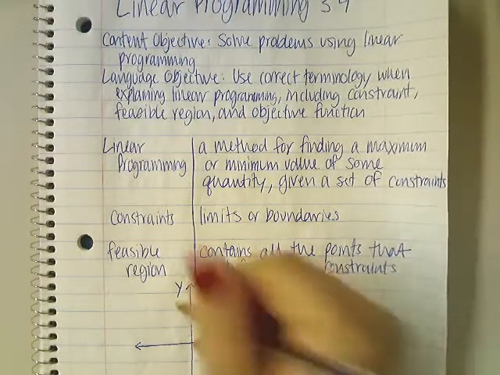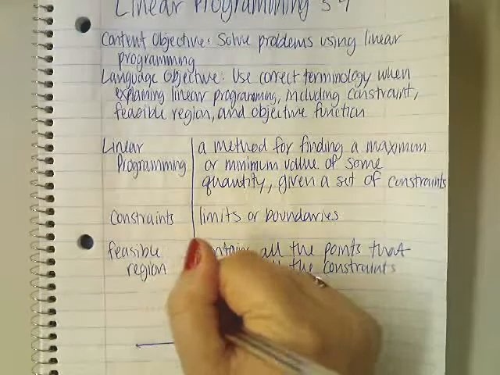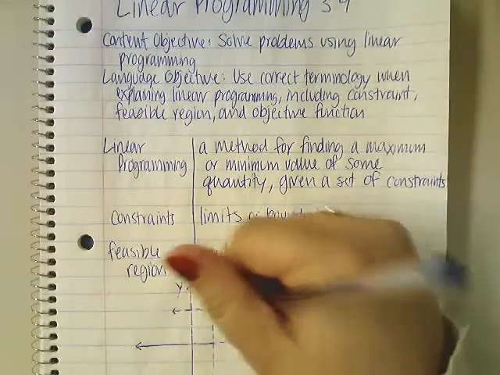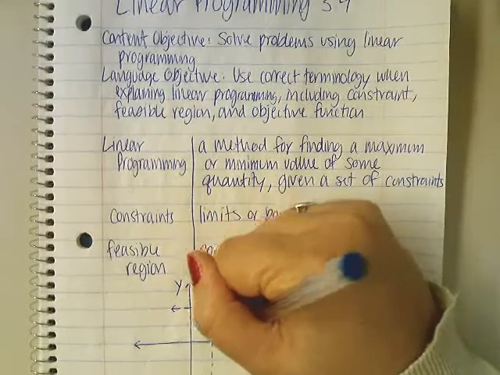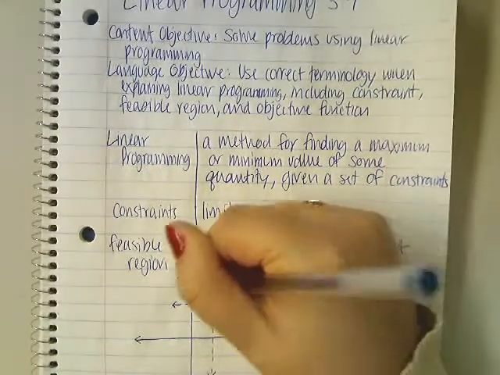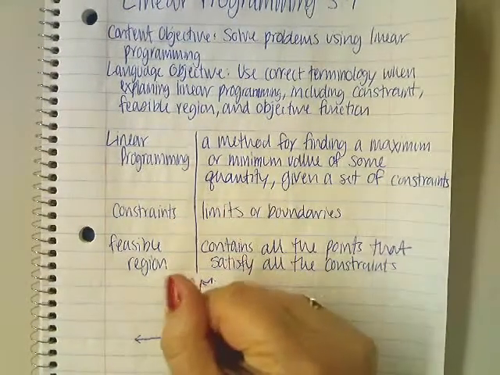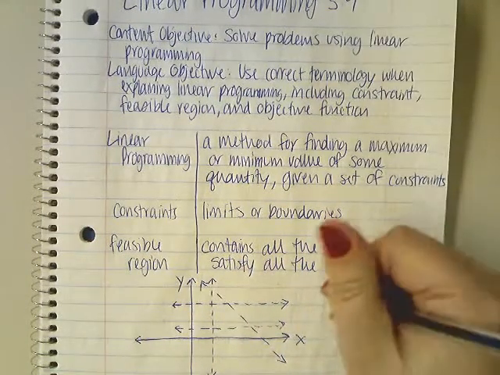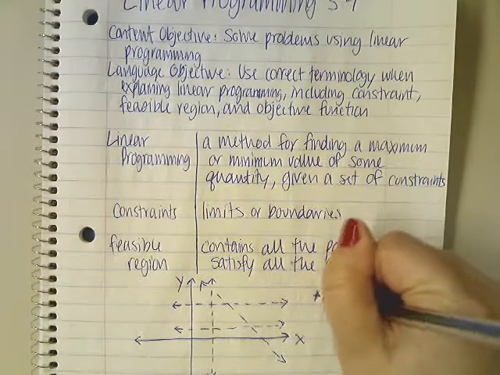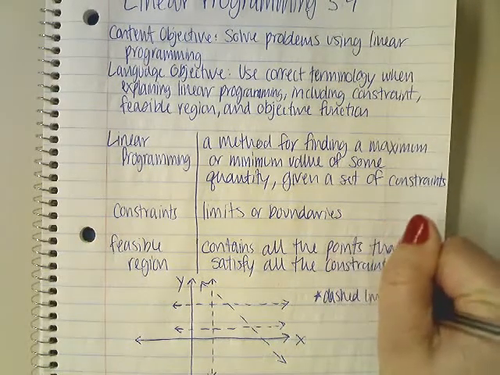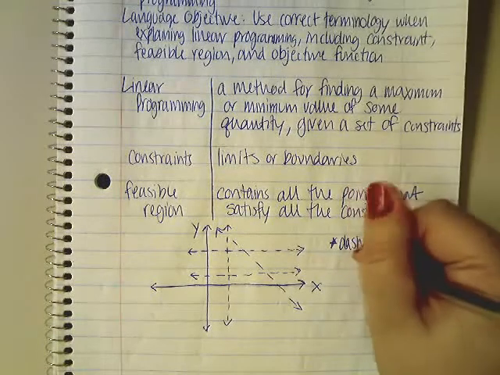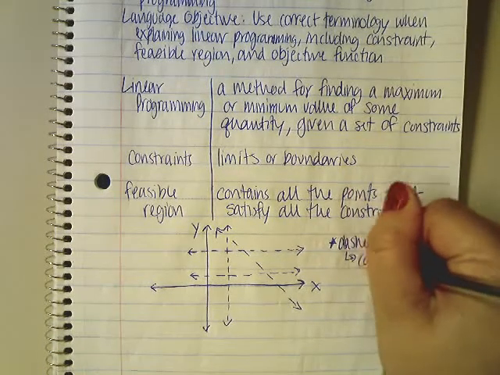So you could have a line going here and here, and another one going this way, and this way. All of these dashed lines, though they do not necessarily need to be dashed lines, just in this example they are, would be our constraints.